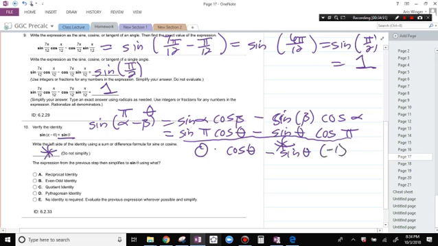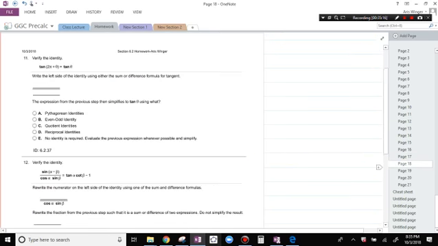It better be if we need a positive. So no identity is required, you just evaluate the thing. So is it cosine? 0 times cosine is 0. The sine. And then it's negative sine theta times negative 1, which makes it positive sine theta. Okay. Excellent. We are almost there.